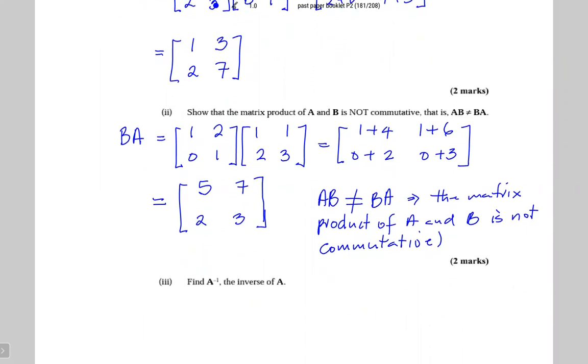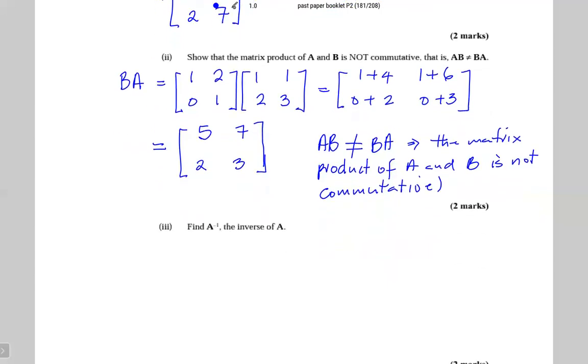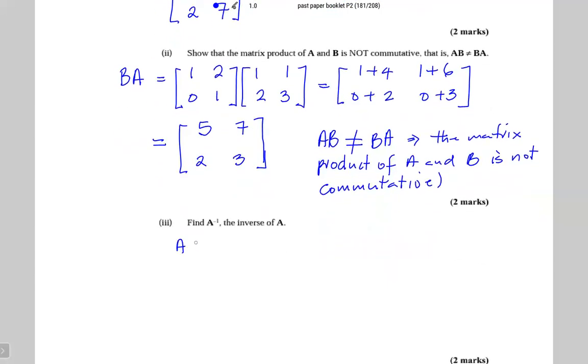A inverse is 1 over the determinant of A times adjoint A. Now, the determinant of A is equal to 1 times 3 minus 1 times 2. So this is like 3 minus 2, which is equal to 1.